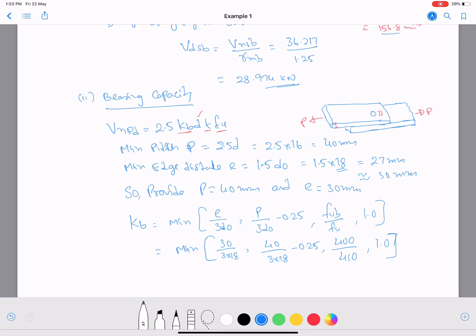So now let's summarize these values. You will get the minimum of 0.555, 0.4907, 0.9756, comma, 1.0. So what is the minimum value over here? 0.4907.